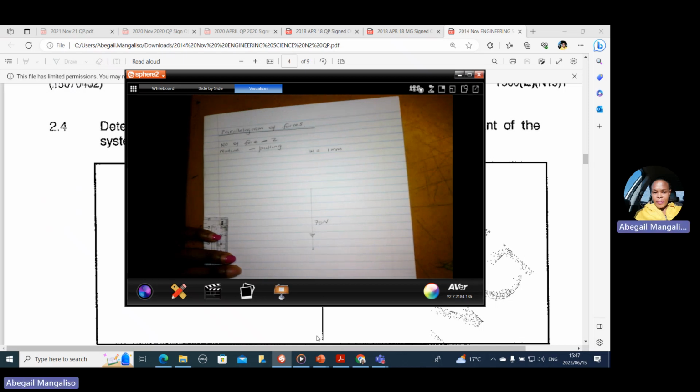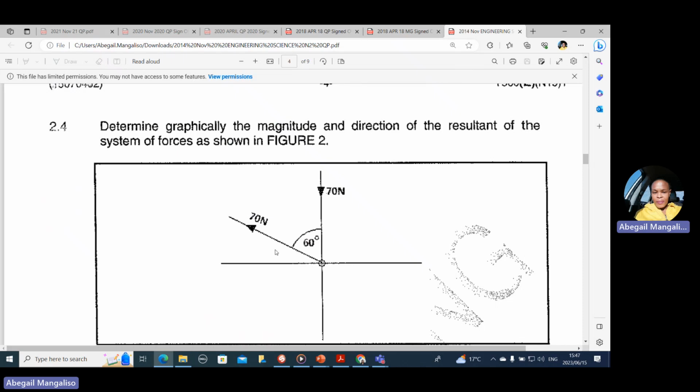The second step now is to sketch the second given vector. This is 70 newtons. It makes 60 degrees from the vertical line. So I will measure this using a protractor.